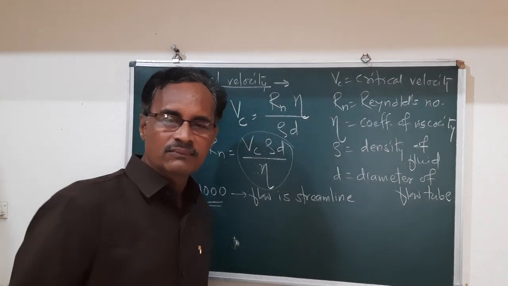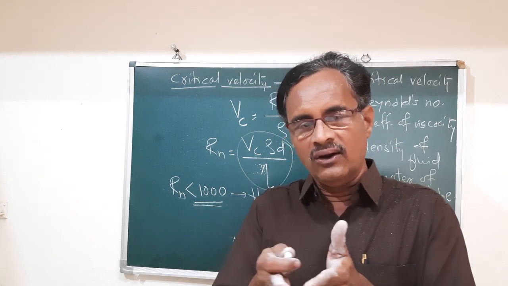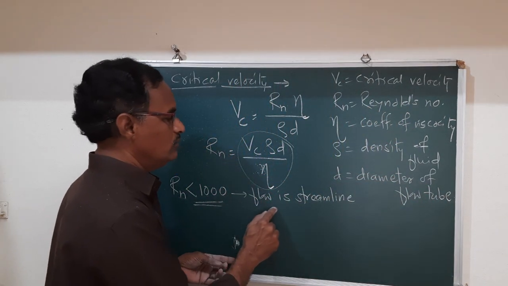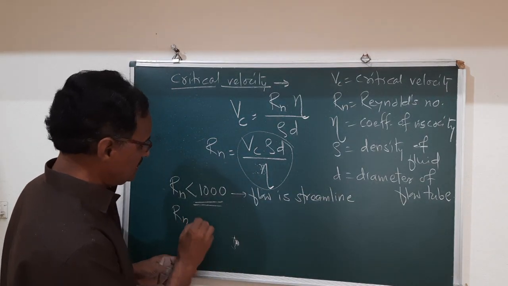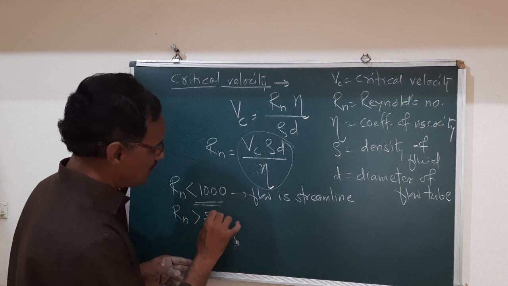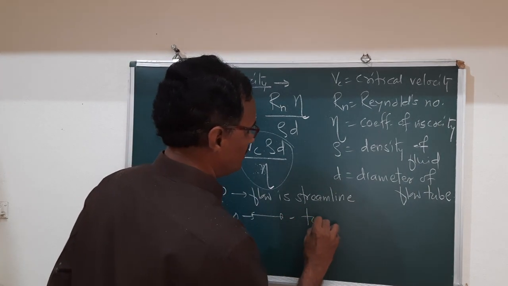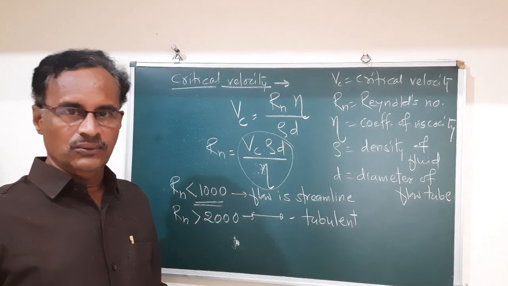By using this Reynolds number, we can decide whether the flow is streamline or turbulent. If this number is less than 1000, then the flow is streamline. If the Reynolds number is greater than 2000, then that flow is a turbulent flow.